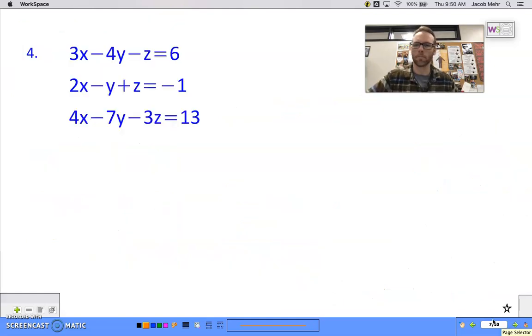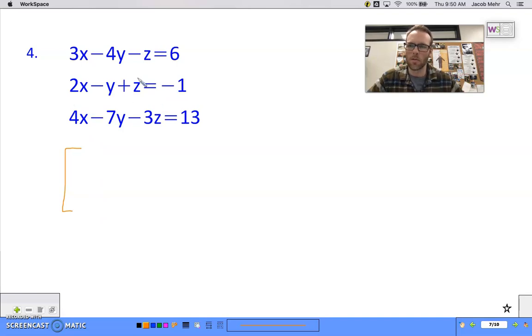All right, let's look at one more. Is there an advantage to putting anything in particular into our row 1 spot? Oh boy, I don't think so. We don't have any 1 on the x's. None of these are really that easily divisible.